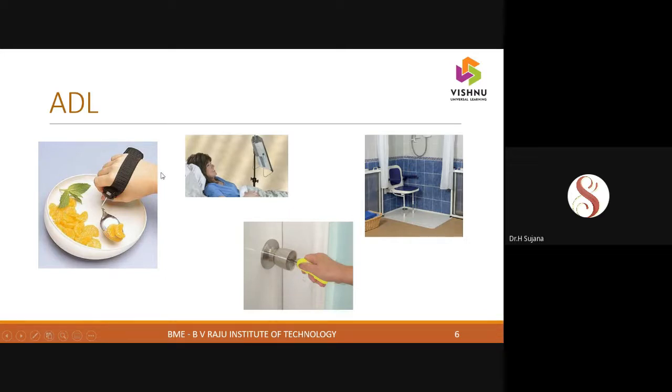It can be a small holder for a spoon, or something giving strength when you want to turn a key, or a page turner, or a book holder. It can be a small chair which can help the person in bathing. These are a few examples of activities of daily living.